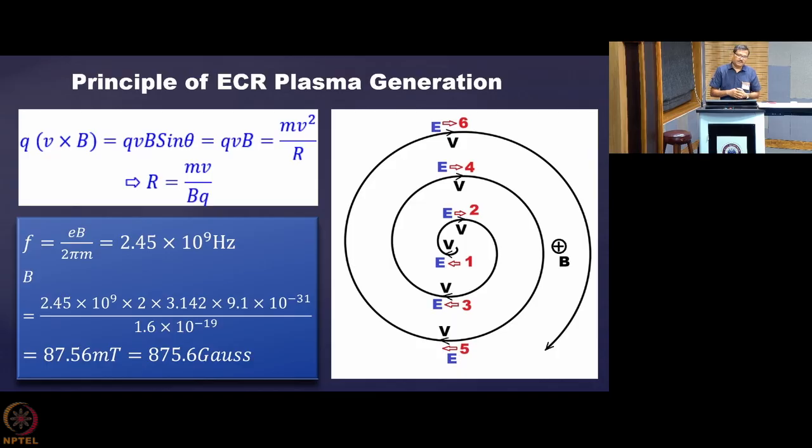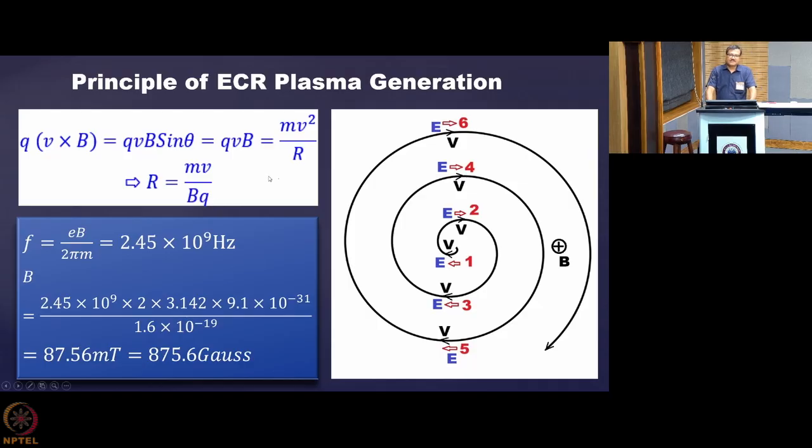Now, when we apply an external electric field, the moment we apply it, the charge will interact with that and it will get accelerated, and the force will be Q into E and acceleration will be QE by M. Very simple.